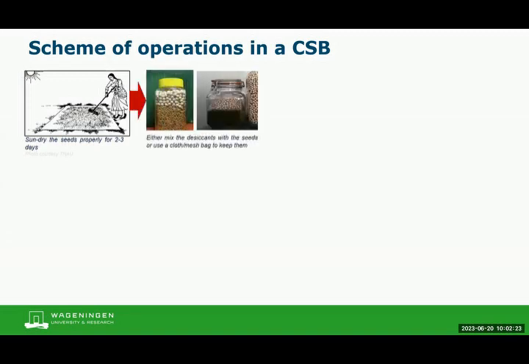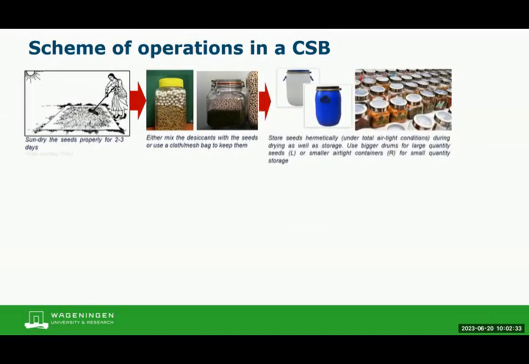After the sun drying, we use desiccants for a couple of days to dry the seeds inside these containers. These containers can be of different sizes. If you have smaller quantities of seeds to be stored for a longer period of time, or larger quantities, you can use different kinds of containers.